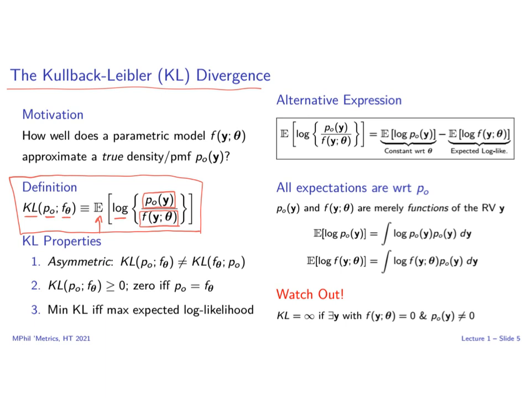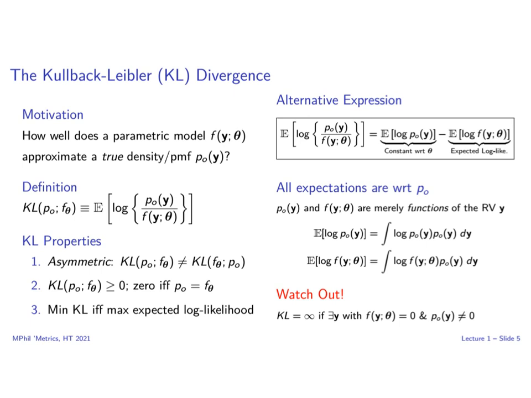And here what we have to bear in mind is that p naught of y is some function of y. f of y semicolon theta is another function of y. So we're taking some kind of expectation of a function. The function happens to be complicated, but it's still a function of y. We'll unpack this and start to make sense of it in a few steps.